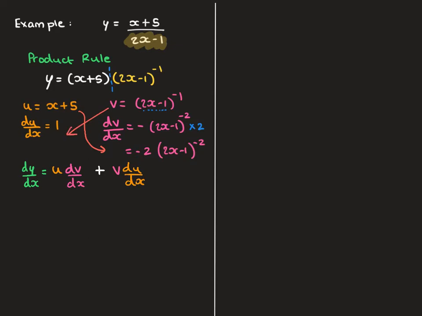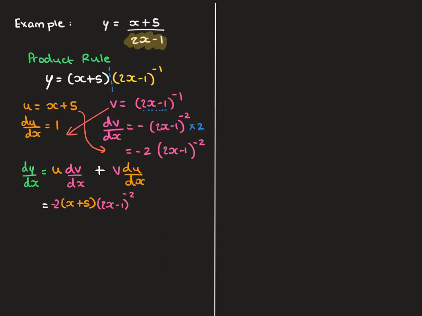So this pair here multiplied together. So let's put these components together. So u multiplied by dv by dx first of all. So that's x plus 5 multiplied by negative 2 times 2x minus 1 to the negative 2.